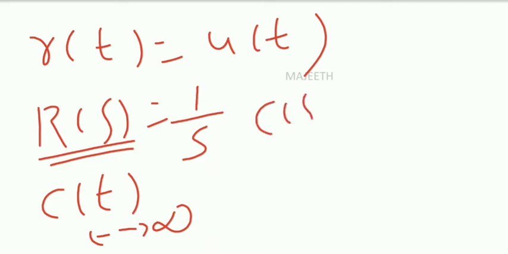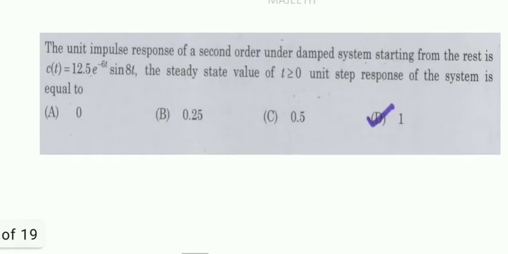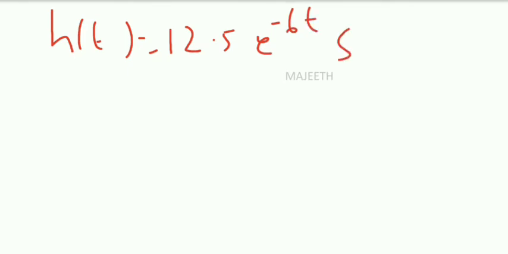So what is that? C of s is equal to R of s into H of s. R of s is given by 1 by s, into H of s. H of s is nothing but our impulse response. What is the impulse response? That is equal to 12.5 into e power minus 6t sin 8t. Right? So h of t is equal to 12.5 into e power minus 6t sin 8t.